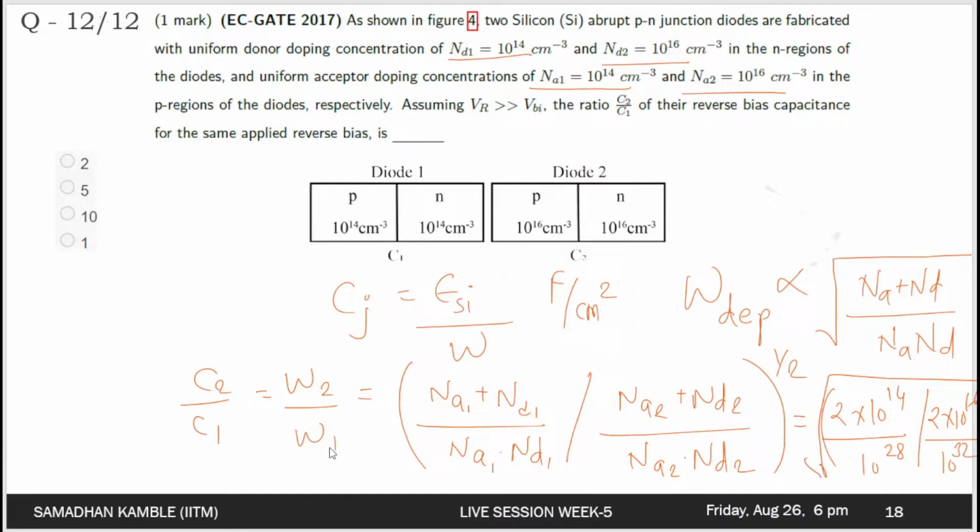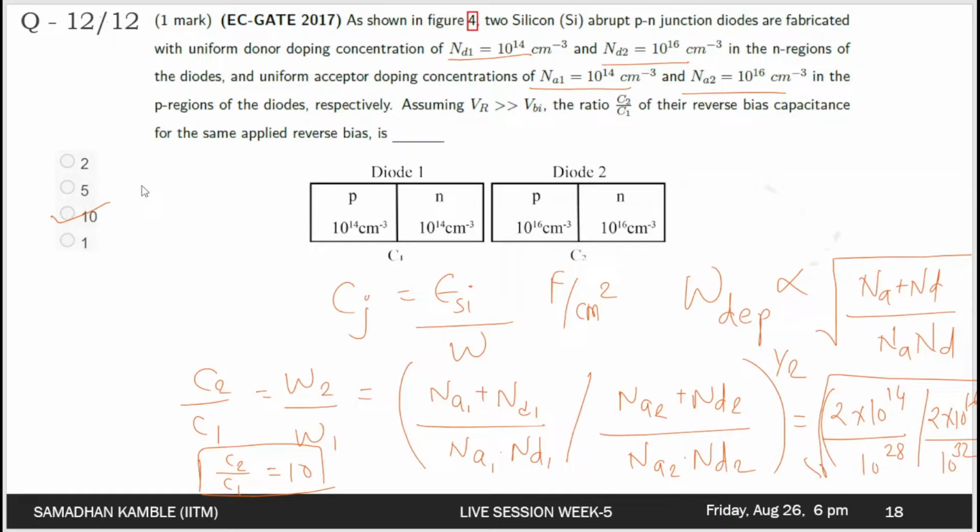So we'll get the value of C2 over C1 simply as 10. If you just calculate this algebra, you will get the ratio of C2 by C1, that is the reverse bias capacitance for the same applied reverse bias voltage, as 10.